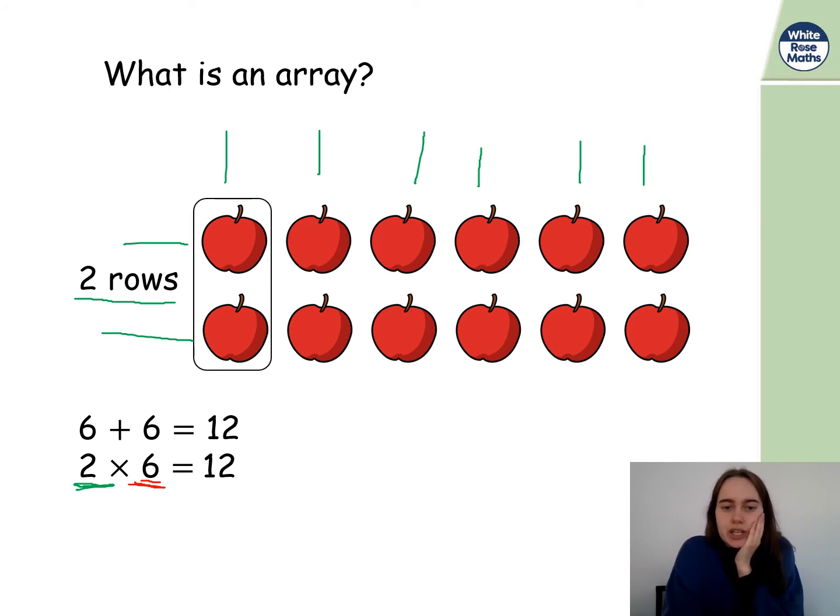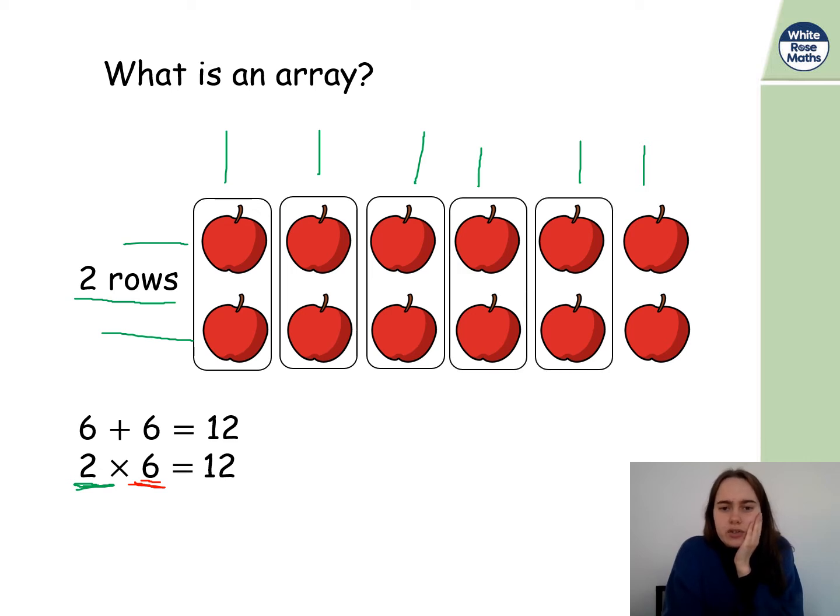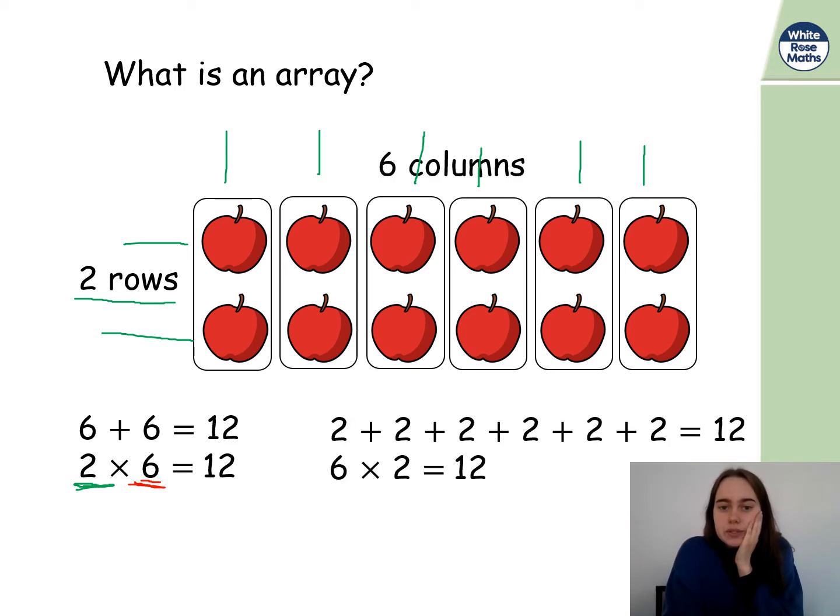We can also change it up, and we can now look at the columns. So instead of 2 groups, how many groups do I have now? Count them up. I've got 1, 2, 3, 4, 5, 6 groups. So 6 columns, so 6 groups. So this time, instead of adding 2 rows of 6, I'm adding 6 columns of 2.